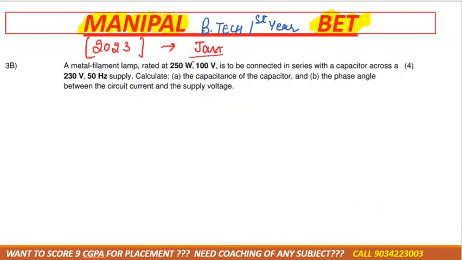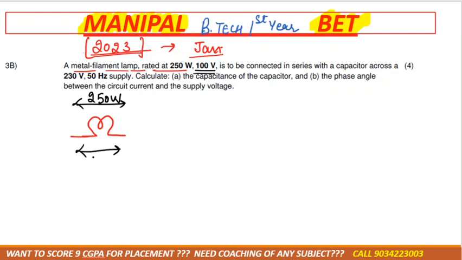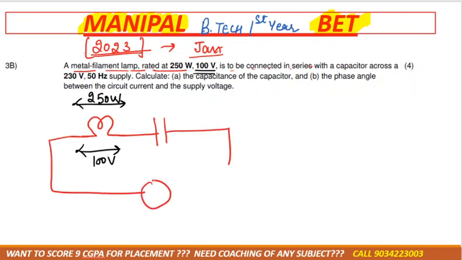Now in this, this is a question from your question paper only, January 2023. They said a metal filament lamp rated at 250 watt. So let's consider this bulb, okay, and this bulb is of 250 watt. Got it? Then they said 100 volt, means it is consuming 100 volt, right? Then they are saying it is to be connected in series with the capacitor, means this bulb is connected in series with the capacitor, right?